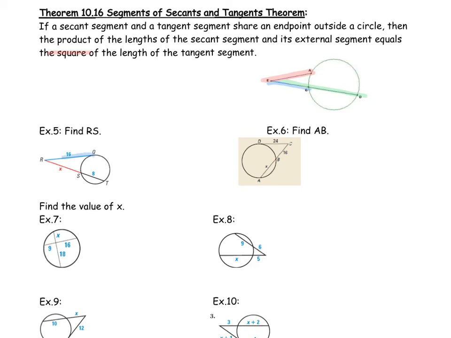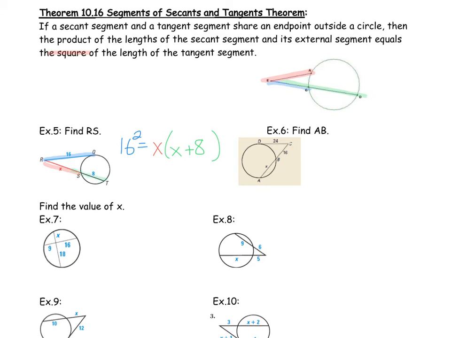So we've got a tangent segment here, 16. So we're going to be using 16 squared. And we've got to equal that to our secant segment. So the outside piece is x. And I have to multiply that by the entire thing, which would be x plus 8 if you add those together.